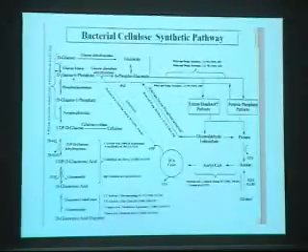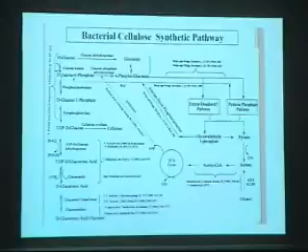This is the basic synthetic pathway of bacterial cellulose. Our motivation for the present work comes from this synthetic pathway. We can see here that glucose is utilized as the chief source for the production of cellulose. This glucose is converted through a series of reactions, reversible reactions, to UDP-glucose and another compound.